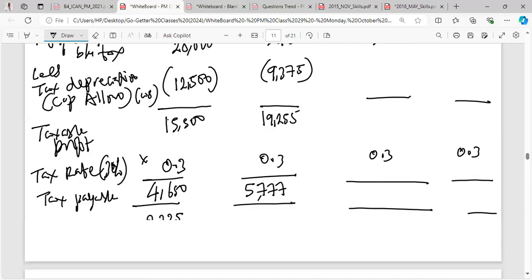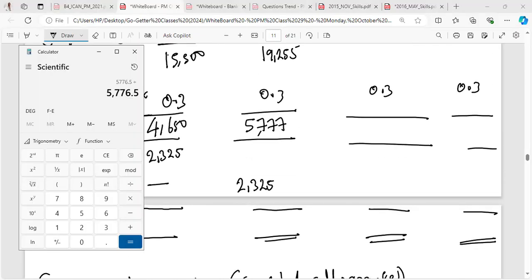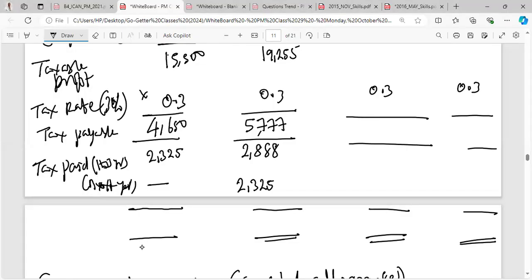So I will just divide this by 2. I have 2,888. Don't come and tell me that there's a decimal fraction. We're not doing it to perfection. We've chopped off 3 zeros.